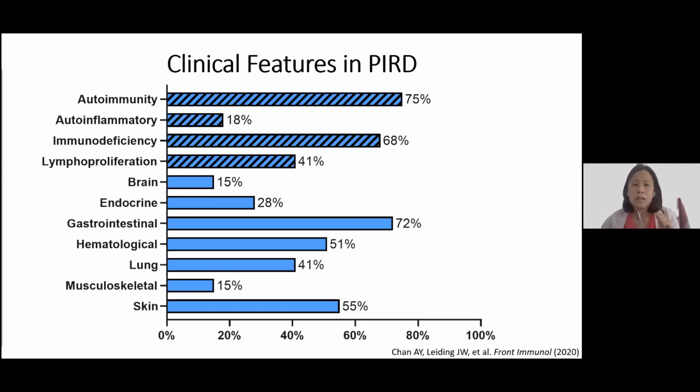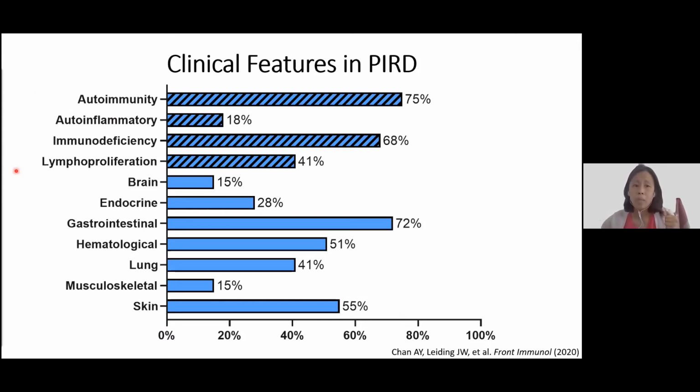And so what are clinical features in PIRD? This is a relatively new category of diseases. When we started to learn about this group of disorders, we surveyed roughly 30 plus centers in the US and in Europe, asking providers or doctors, what sort of patients do you think have PIRD? And then amongst those patients, we got roughly a little over 200 patients. We asked, well, what types of symptoms do these patients get?